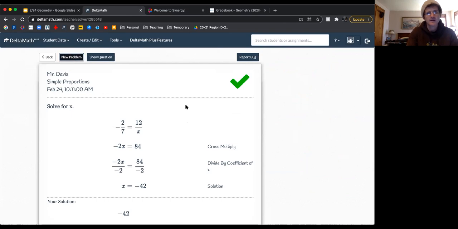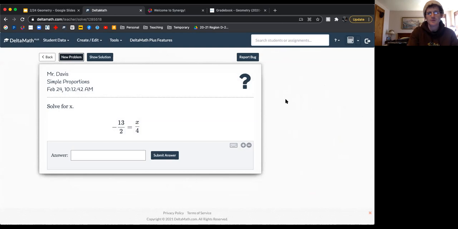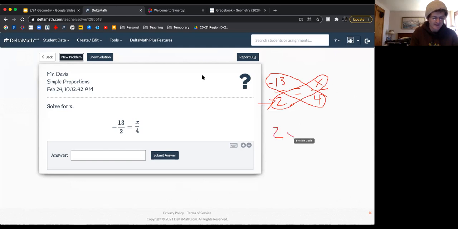Like I said a minute ago, if you want to get some more practice with this, you still don't understand it, hang out after class and we'll just do as many as it takes. -13 over 2 equals x over 4. Let me go ahead and multiply right here. And the cross products: if I start with this one, that one's 2 times x.